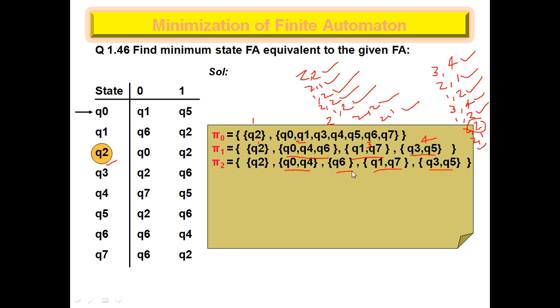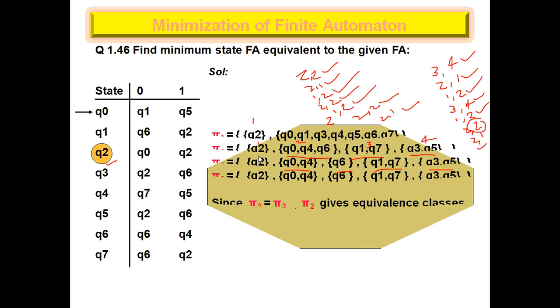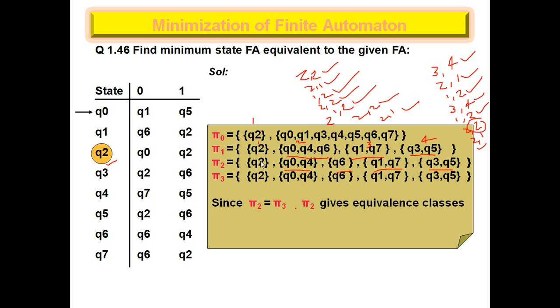Now by using the same nature we are going to construct pi3. If pi2 and pi3 are the same, we'll stop there. So to construct pi3, again we are going to follow the same steps. Pi3 will be constructed by using pi2. We'll rename here: 1, 2, 3, 4, and 5 here itself.